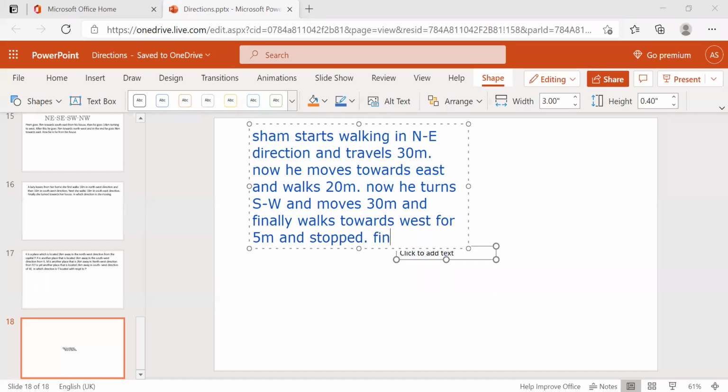Find his distance from the starting point.